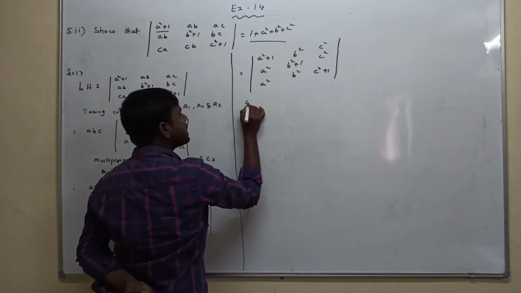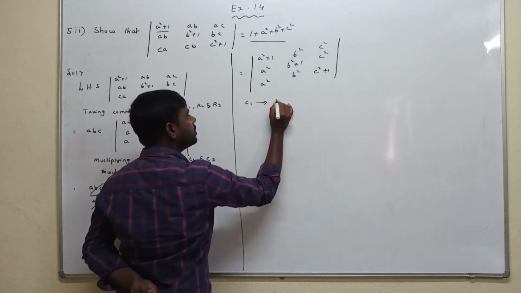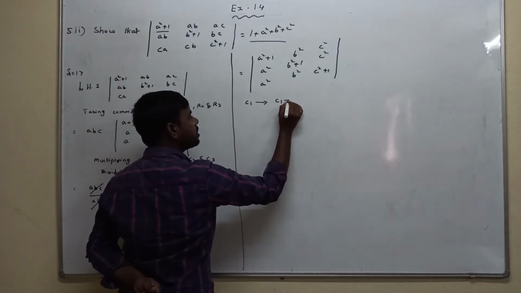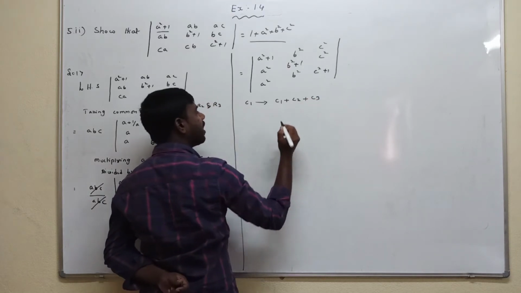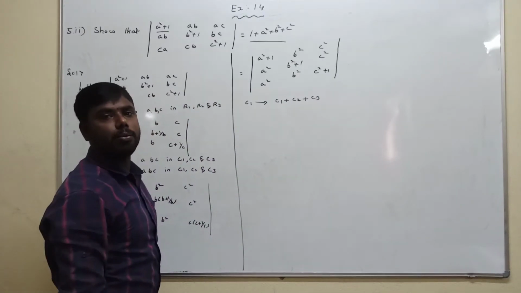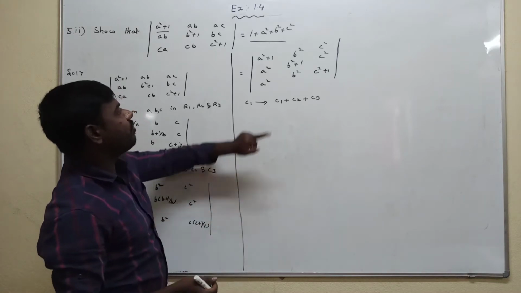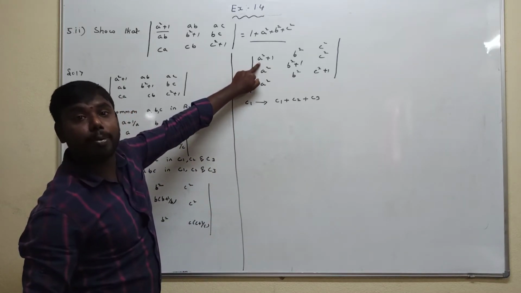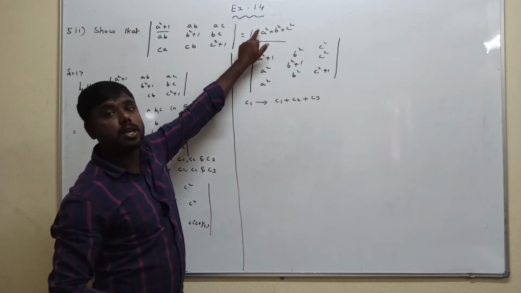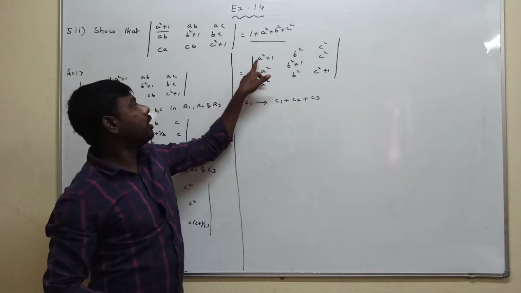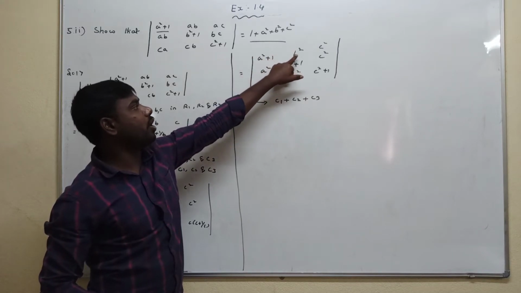Now C1 changes to C1 plus C2 plus C3. Why are we not applying R1 changes to R1 plus R2 plus R3? The R1 value is A square plus 1, the R2 value is A square. But to prove 1 plus A square plus B square, we have 1 plus A square, after that we want B square.